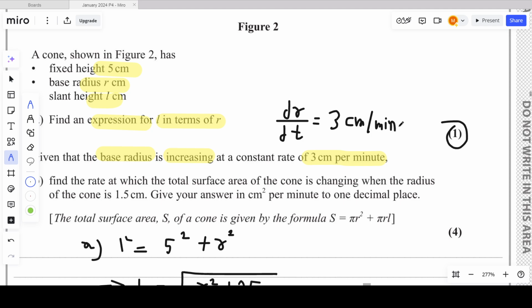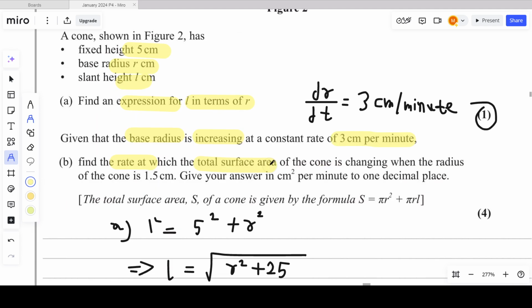So we know this rate of change value. Now the question is asking, find the rate at which the total surface area of the cone is changing.